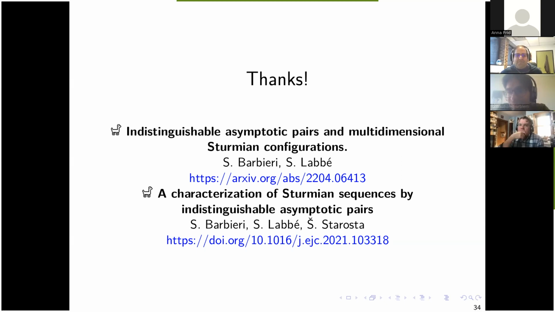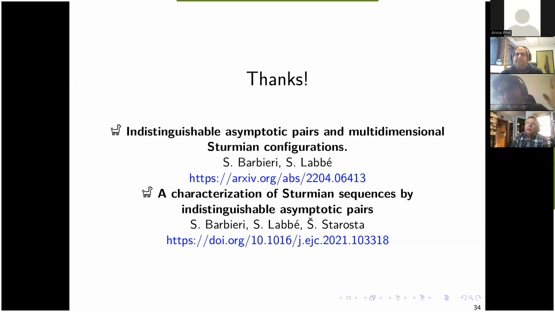There's a question from Pierre Bayard: does your argumentation on Z also work on N? Well, not directly. You have a problem defining indistinguishable asymptotic Sturmian pairs, and you don't get exactly the same characterization.